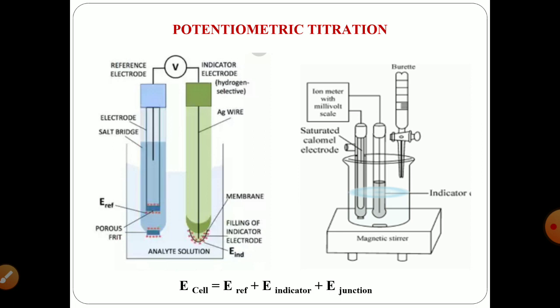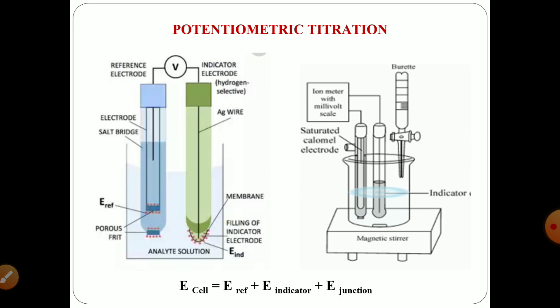In a potentiometric titration, the same base is used for the determination of the dissociation constant. For potentiometric titration, you will require two electrodes, which monitor the course of titration.